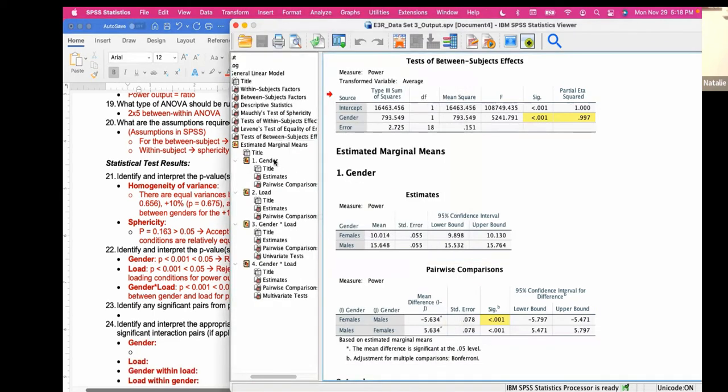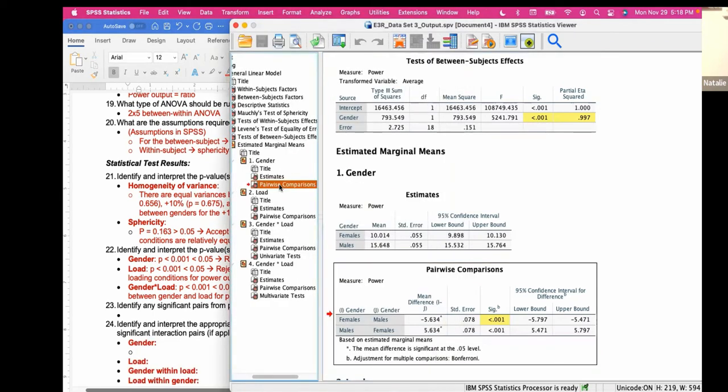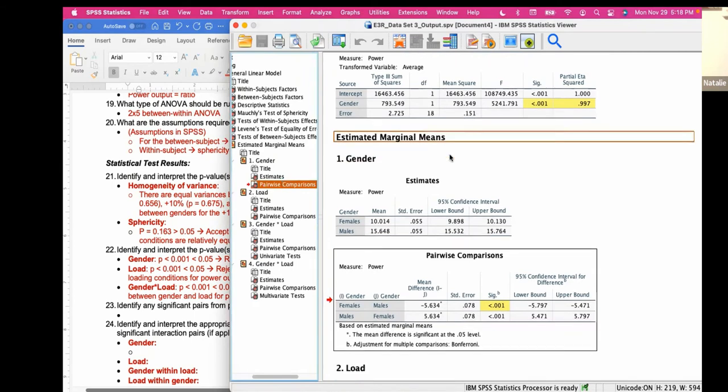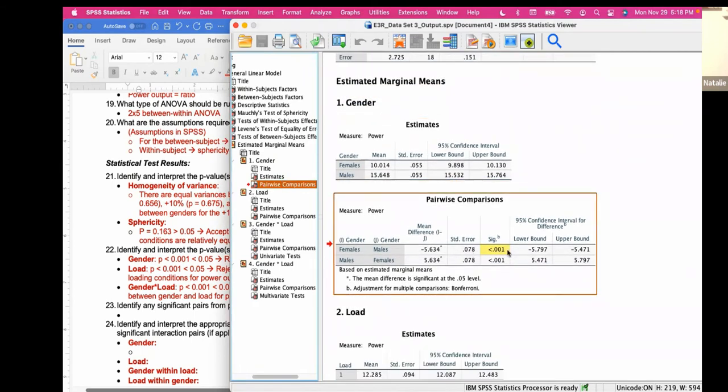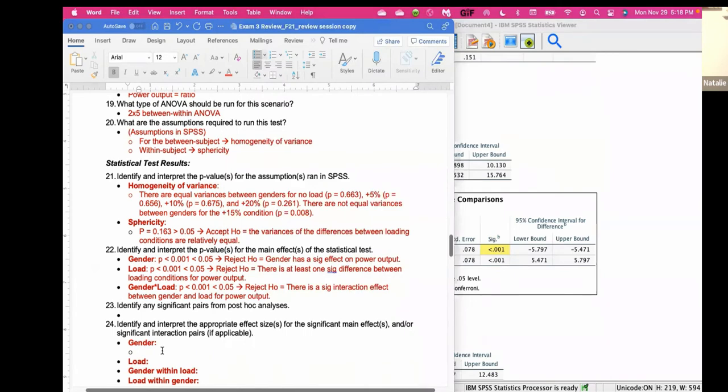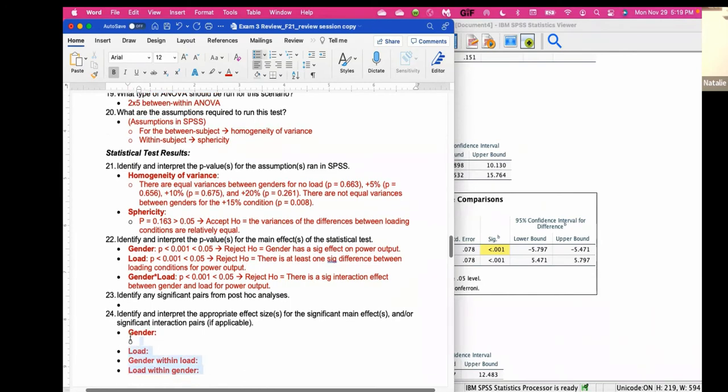So pairwise comparisons for gender is listed first. And again, it should be redundant with our ANOVA table because there's only 2 levels for gender.